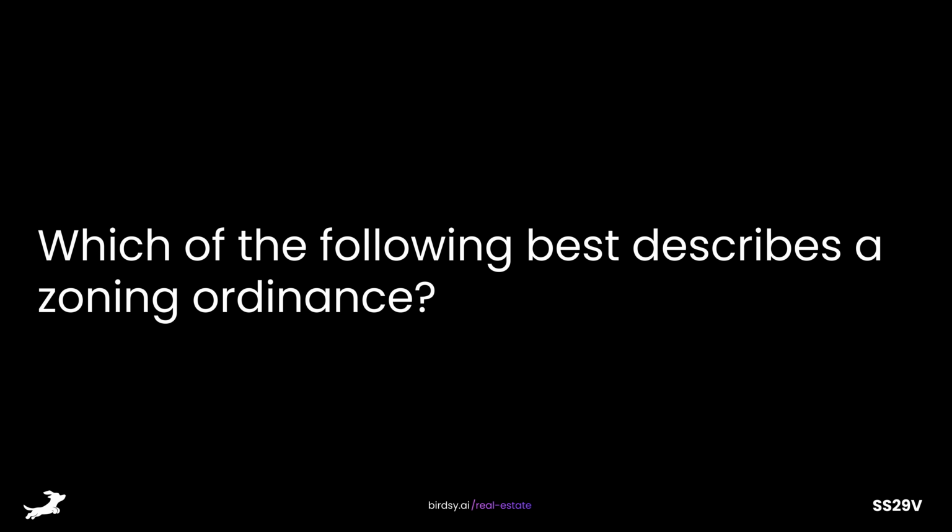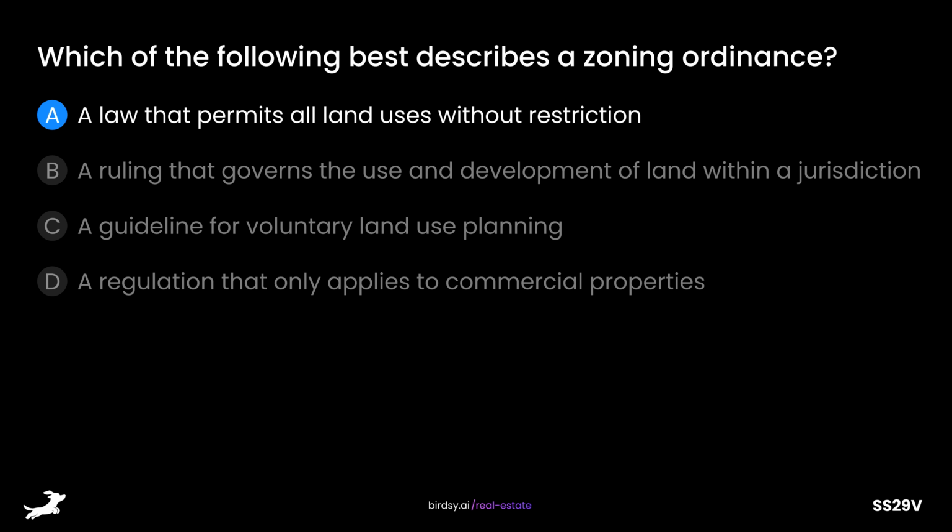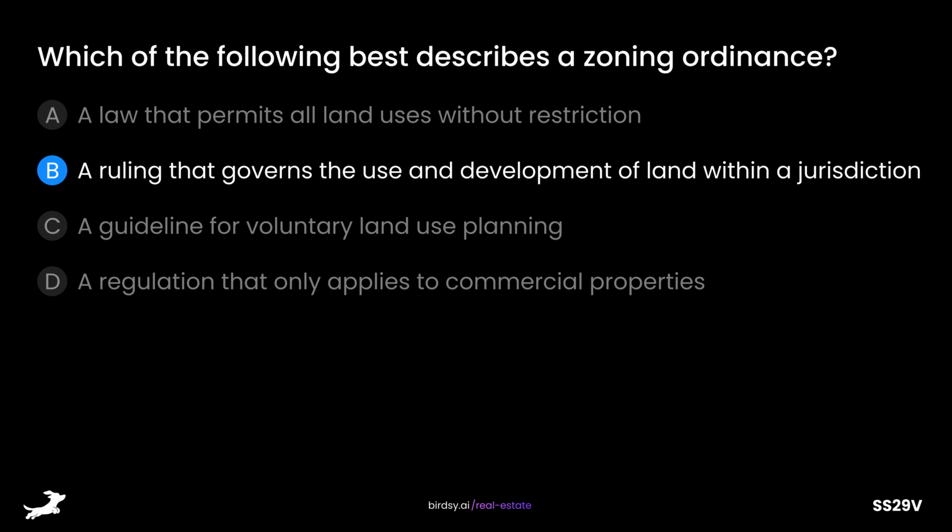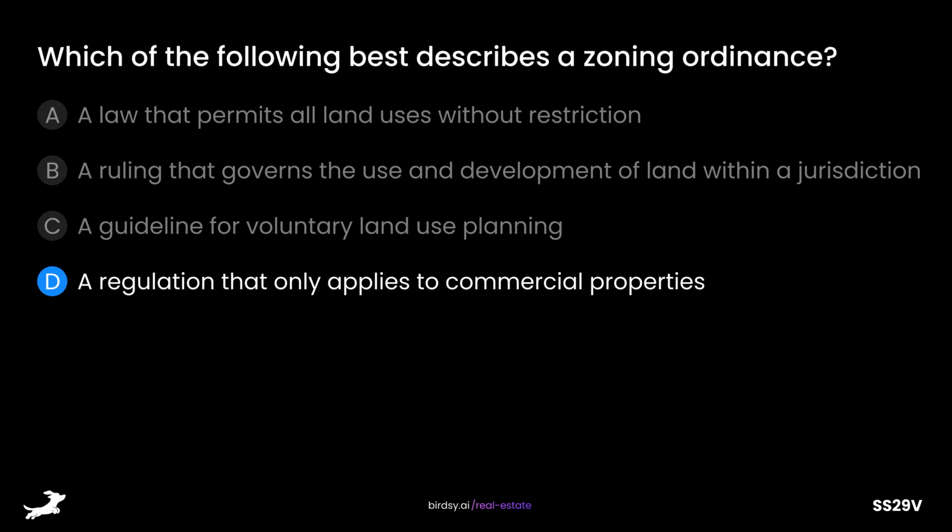Zoning and land use controls. Which of the following best describes a zoning ordinance? Is it A, a law that permits all land uses without restriction? B, a ruling that governs the use and development of land within a jurisdiction? C, a guideline for voluntary land use planning? Or D, a regulation that only applies to commercial properties?